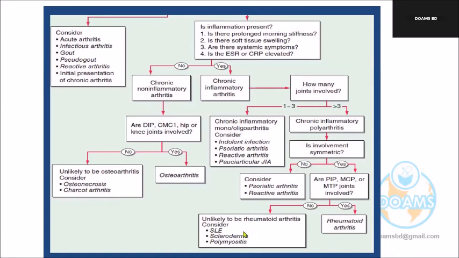As I told you before, connective tissue predominant diseases will also have joint problems and joint swelling. So this is the algorithm, but personally I don't like memorization of the algorithm; we need to get understanding.